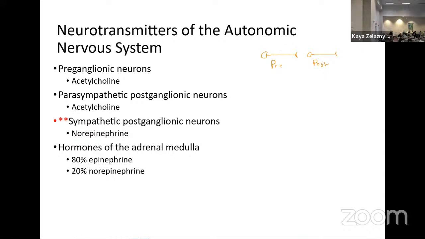Anytime you have a preganglionic neuron, right? So that first one coming out of the central nervous system and going wherever it's going, we know from last time we have options. And that preganglionic neuron is always going to be releasing acetylcholine.